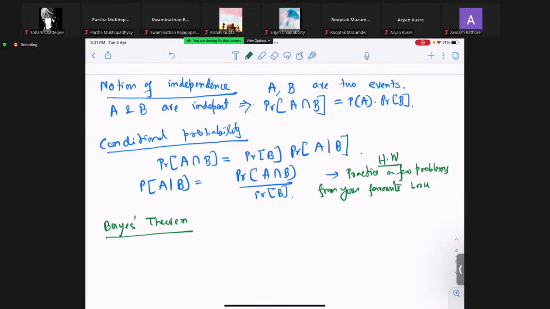So let's say that A and B are mutually exclusive events, and A union B is the full sample space. Let C be any event.